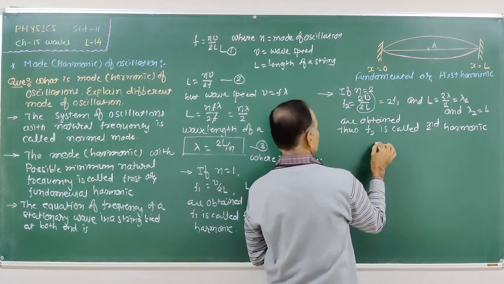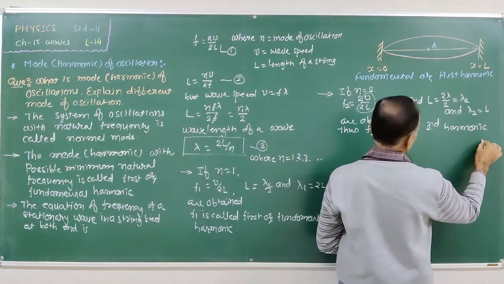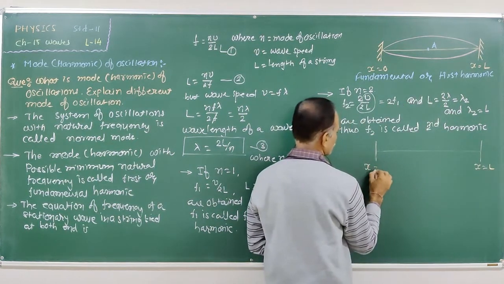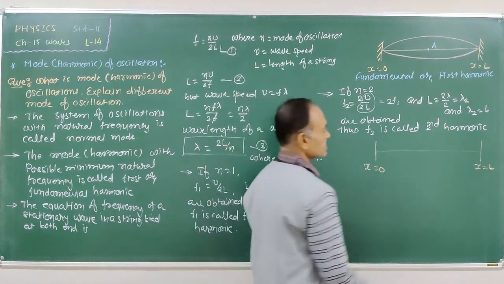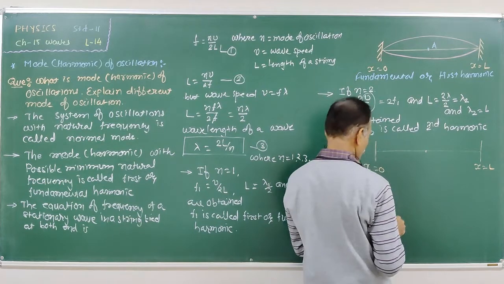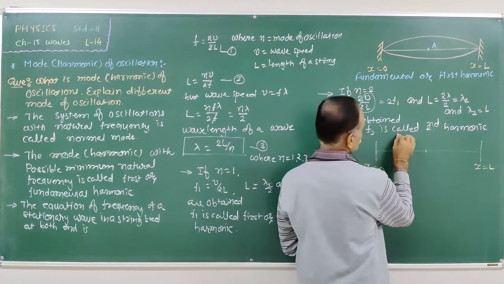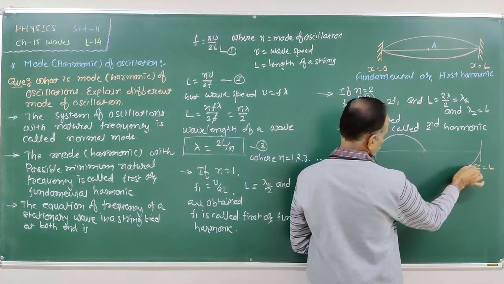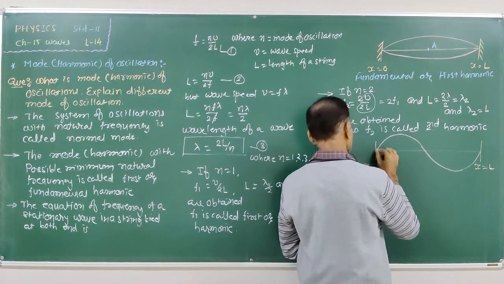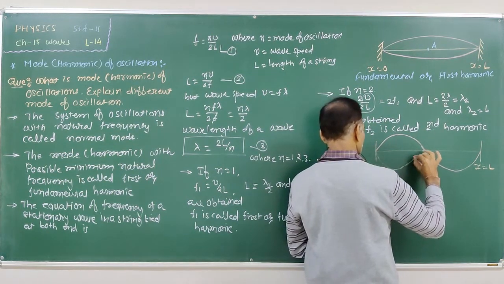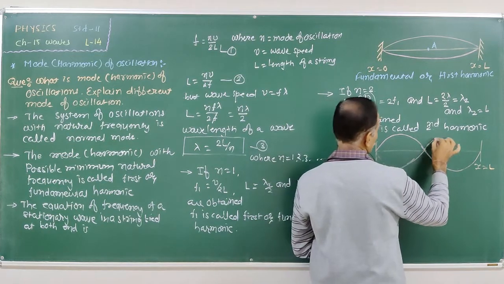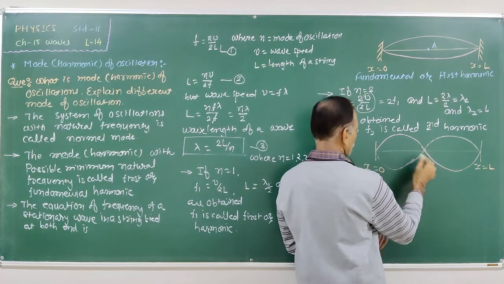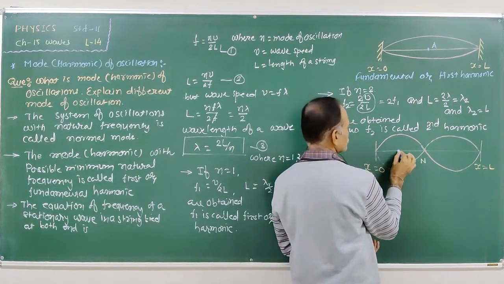Here the length of the string is L, x is equal to L, and here x is equal to 0. Here the two modes of oscillation take place, like this. So this point is the node, while these 2 points are antinodes.